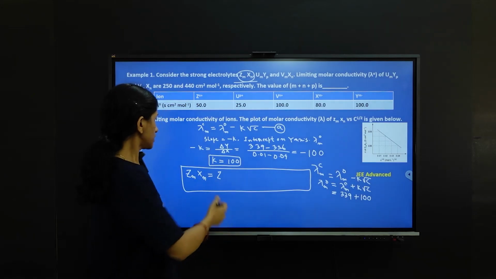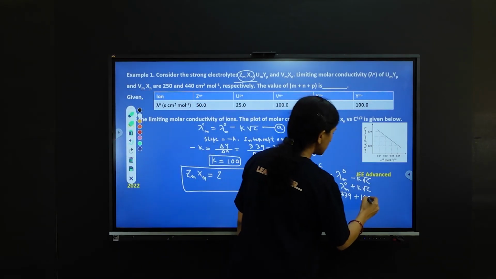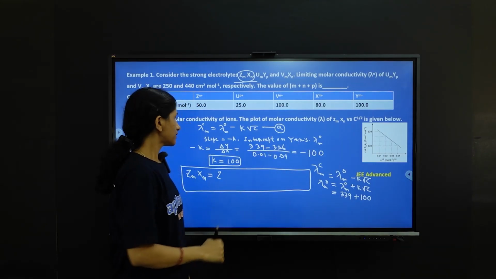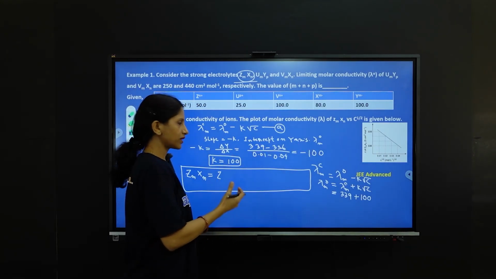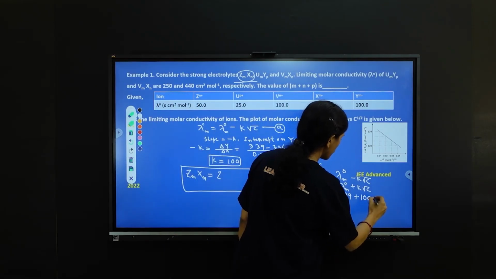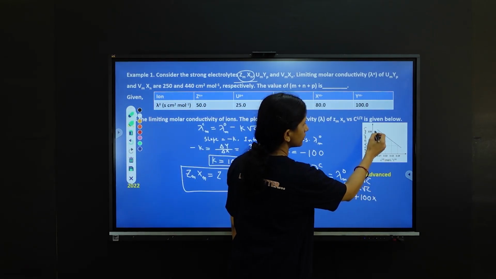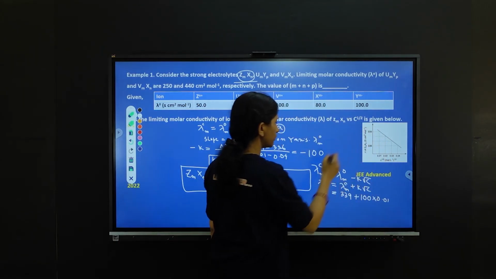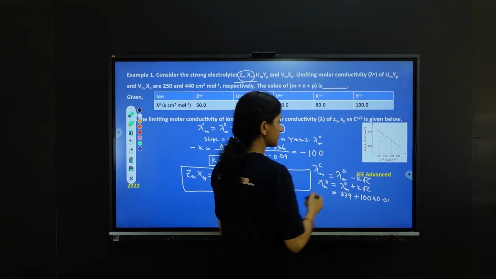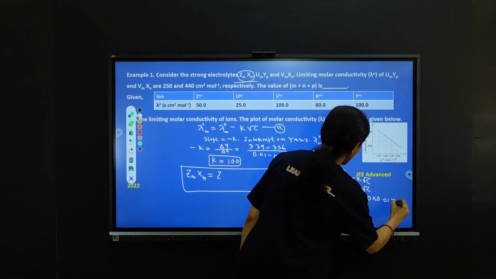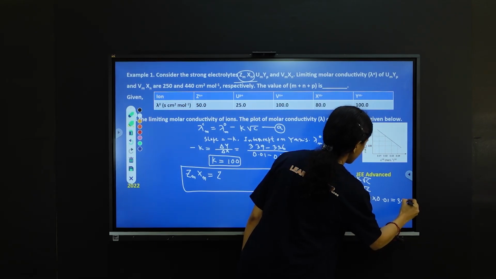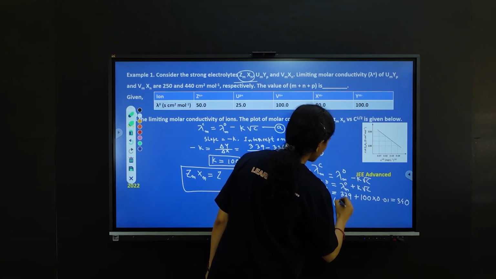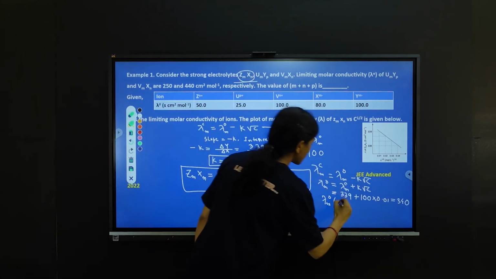That is our slope; we solved it. The slope was minus k and it was minus 100, so k or kappa has come out as 100, times the root C, for which you can use 0.01. This is the corresponding root C value for lambda m at C, that is 339. If you solve, we will get 340, and this is lambda m0 of ZmXn.